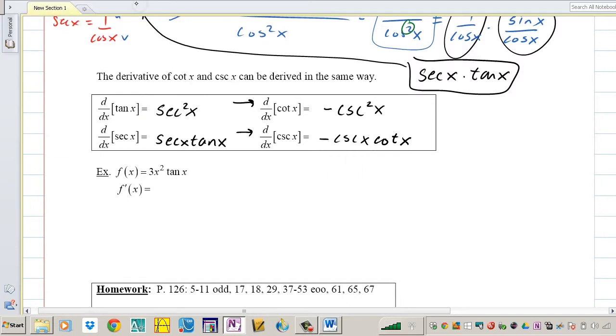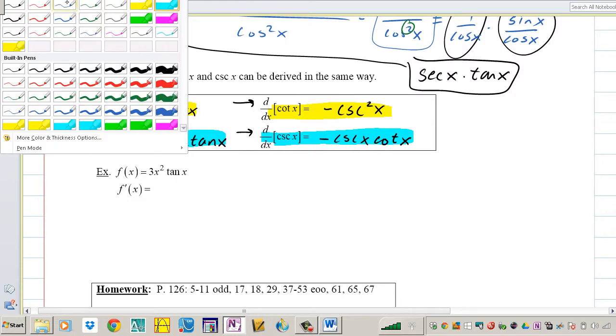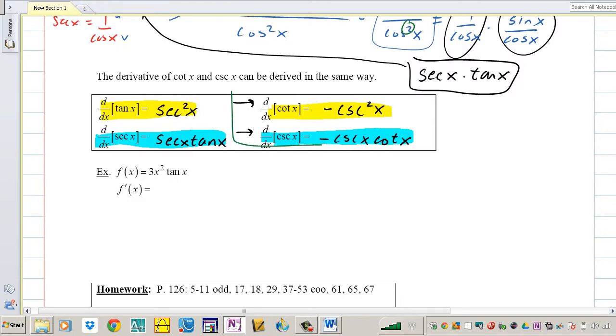Let me give you an easy way that I used to memorize these after I had proved them. Tangent and cotangent have the squares in their derivatives. And then secant has secant tangent, but cosecant has the opposite. It has cosecant cotangent. So that's one way you could memorize these. But I want you to challenge yourself. Prove this yourself. Prove that yourself. And if you can do that on your own, I'll give you some extra credit.